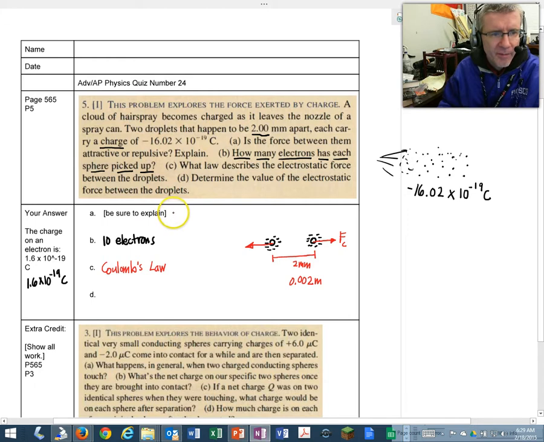They are repulsive forces. Because like charges attract. Sorry, like charges repel.